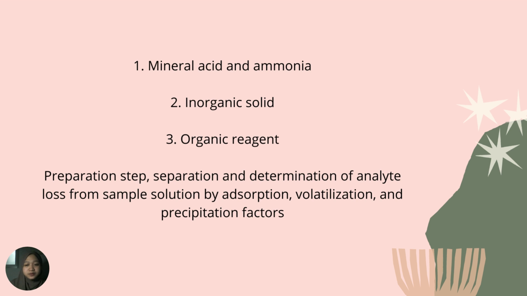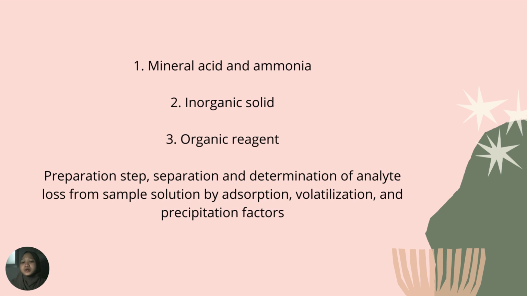Reagent contamination. First, mineral acid and ammonia. Mineral acids contain a number of metals and are divided into three: extra pure acid, containing low levels of metals; ultra pure, containing very low metal concentrations; and analytical reagents, usually containing more metals.